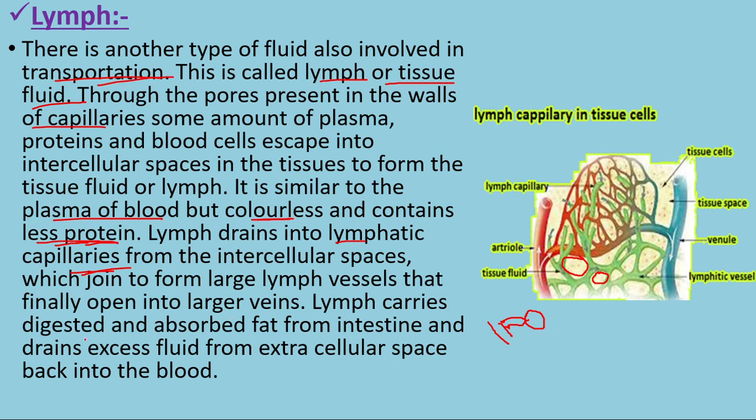Lymph carries the digested and absorbed food. As I said before, it carries absorbed fat and digested food from the intestine and drains excess fluid from the extracellular space back into the blood.